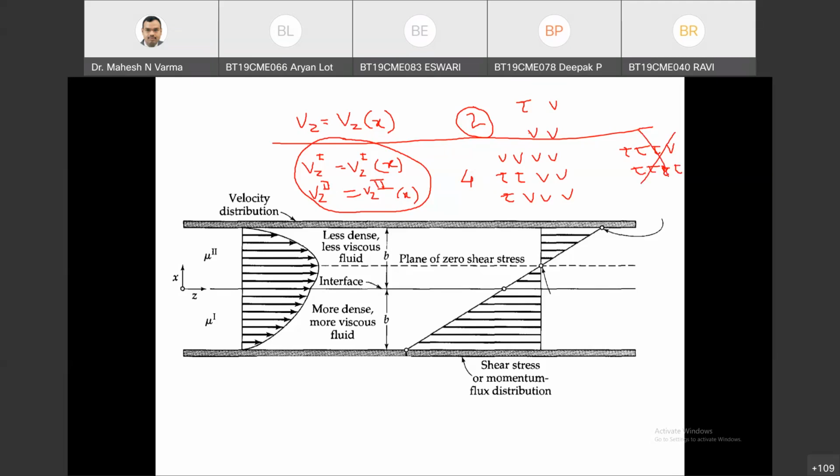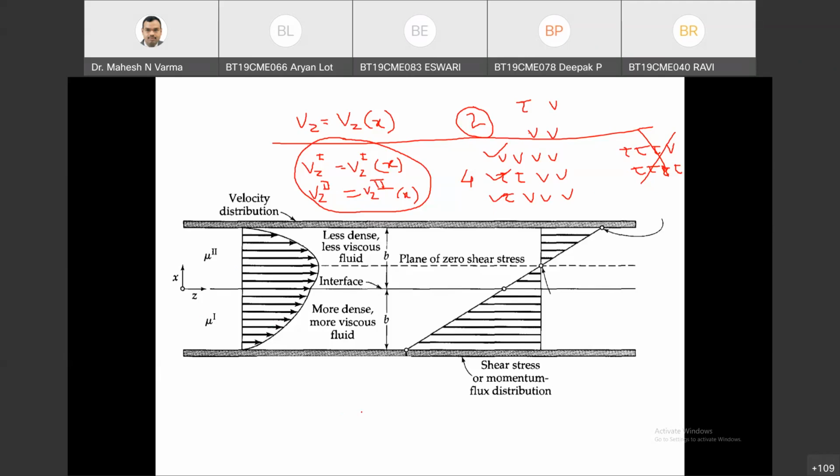Just now I explained the same thing, because I am getting a first order differential equation with respect to flux and a second order differential equation with respect to velocity. So the problem can be solved using 4 velocity conditions, or 2 flux and 2 velocity conditions, or 1 flux and 3 velocity conditions.